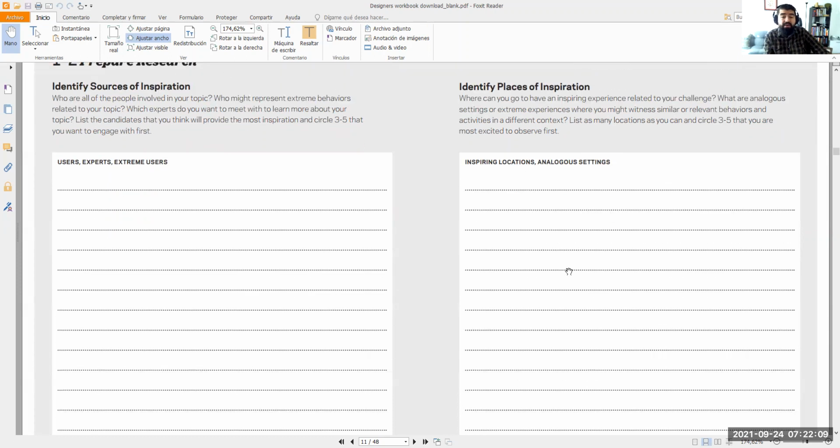So it's just about finding places, what they call inspiring locations, locations that can give you inspiration, literally, or analogous settings, which are places that might be similar to the one that you want to create. So if you want to create a service for taking care of children, let's look for a similar place. You see elements there. Once again, here you simply have to put the names of the places.